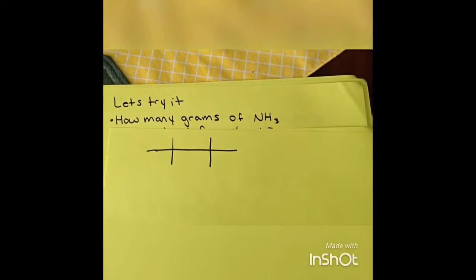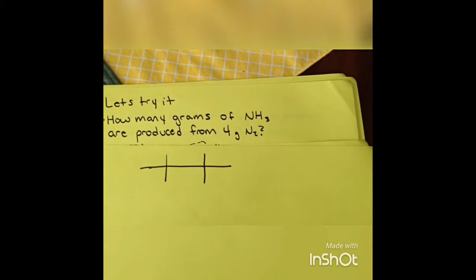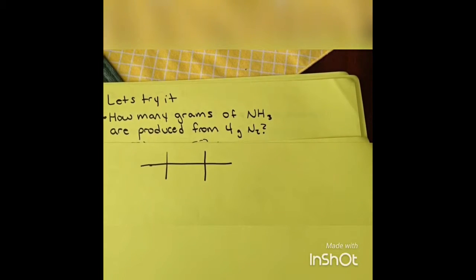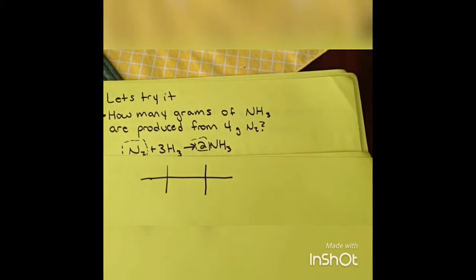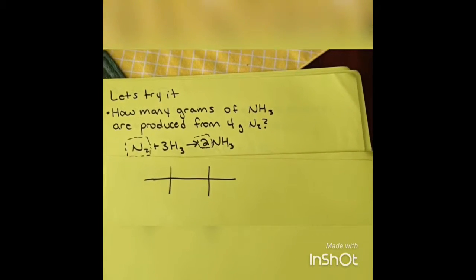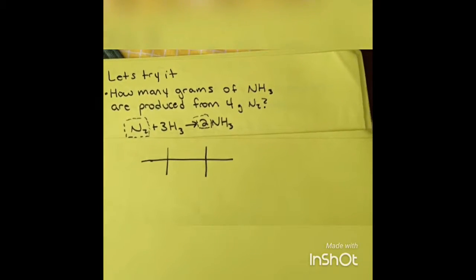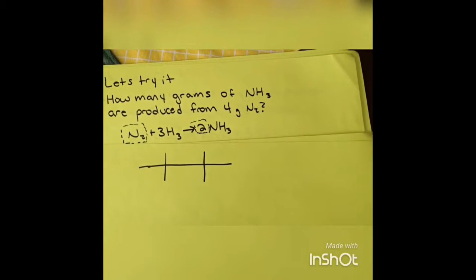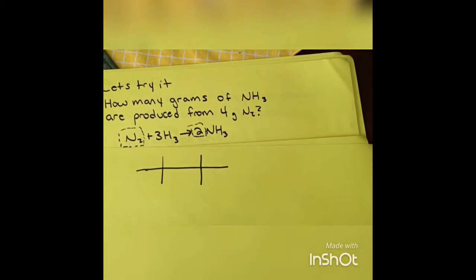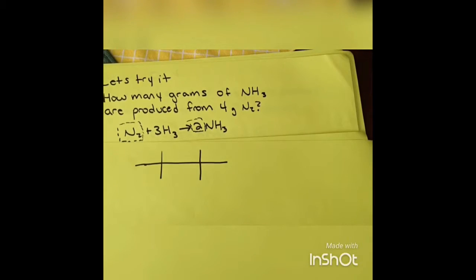Alright, okay. So now that we have all of that important stuff out of the way, let's try one. How many grams of NH3 are produced from 4 grams of N2? N2 plus 3H2 equals 2NH3.